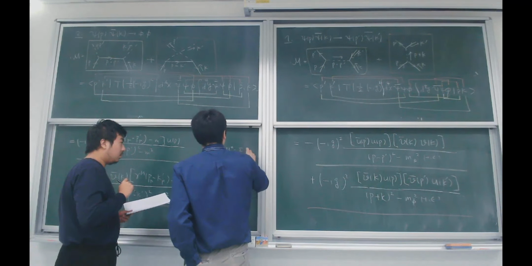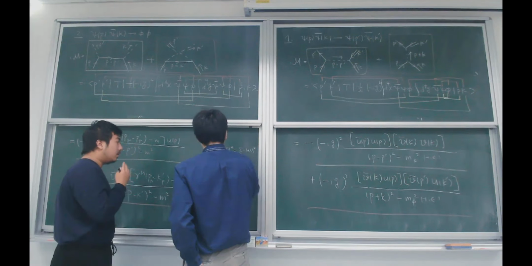So the n has to be some number. They have a G squared expansion.